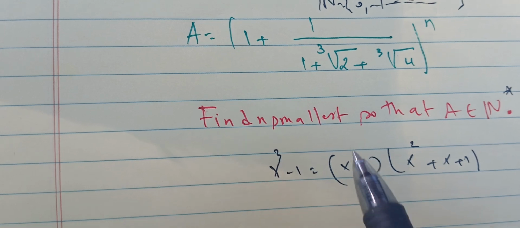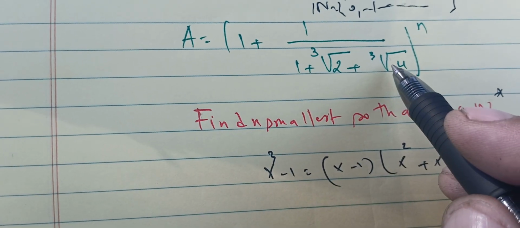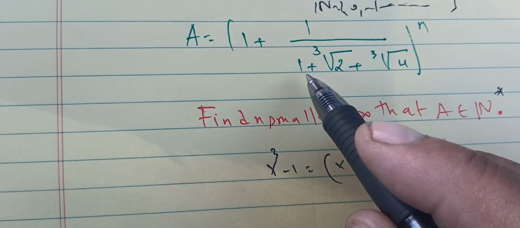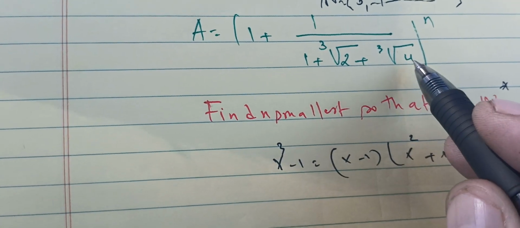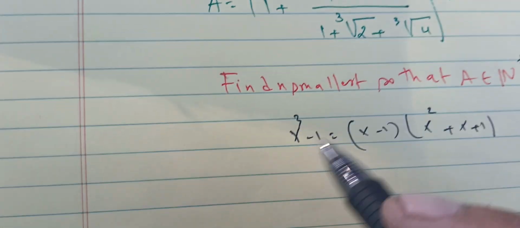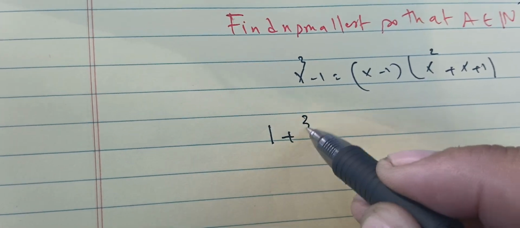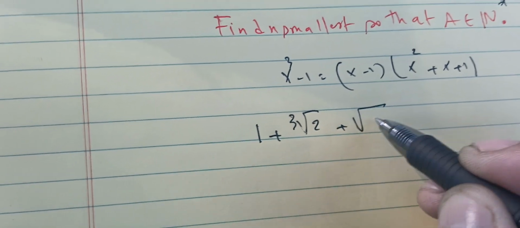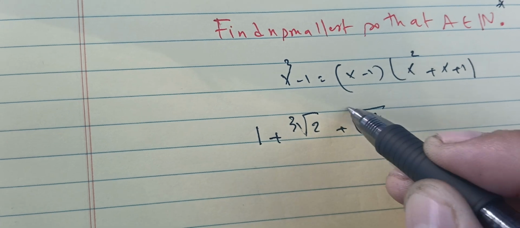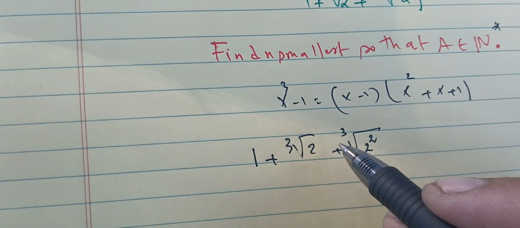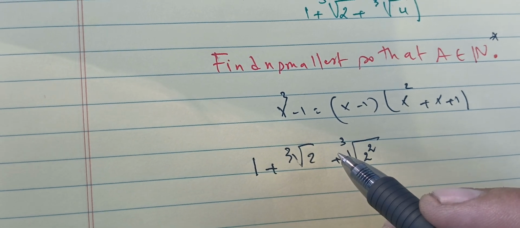So we write 4 as 2 to the power 2, and the expression becomes 1 plus the cube root of 2 plus the cube root of 2 squared.